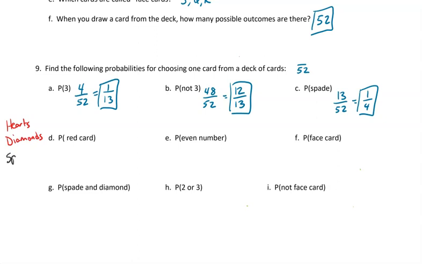And out of spades and clubs, all the cards are black. So whenever it says a red card, that is going to be all the hearts and all the diamonds, which is 26 cards, or 1/2.